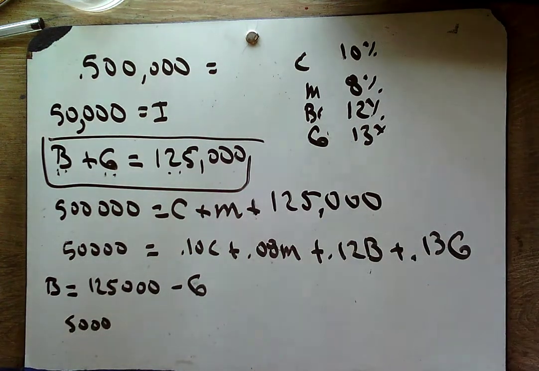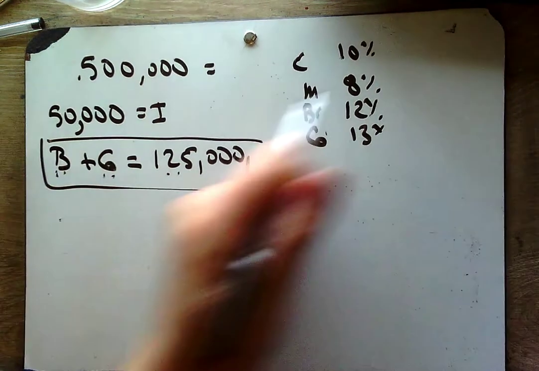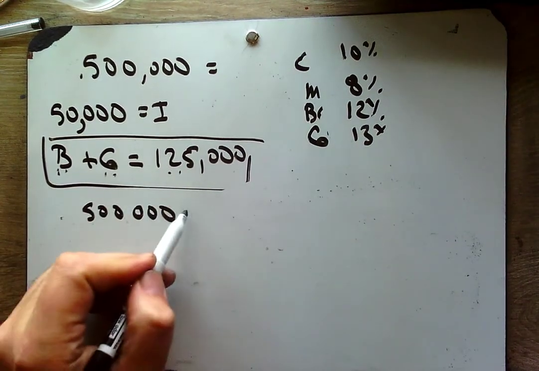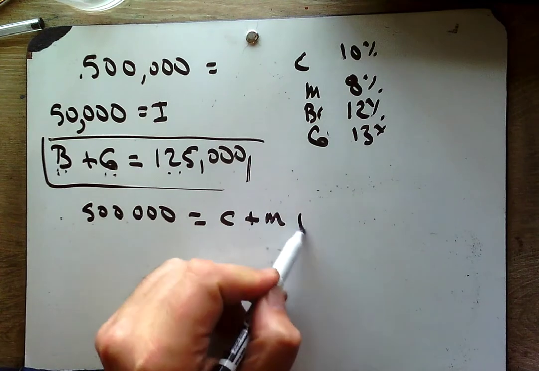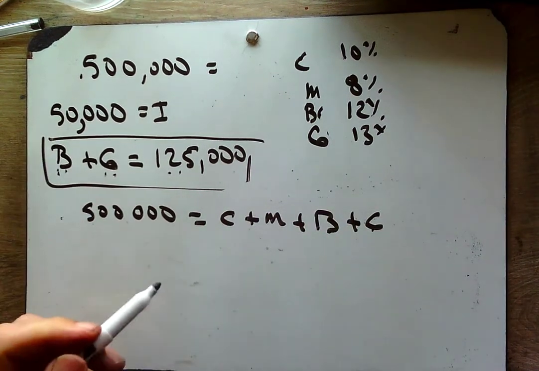I have a written up solution, but I don't like my written up solution because it doesn't make sense. Here, you help me. This is what I've got. I got 500,000 equals C plus M plus B plus G. Okay, so we have that equation.